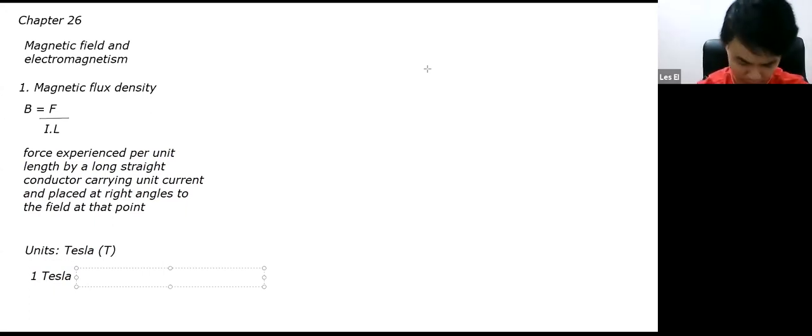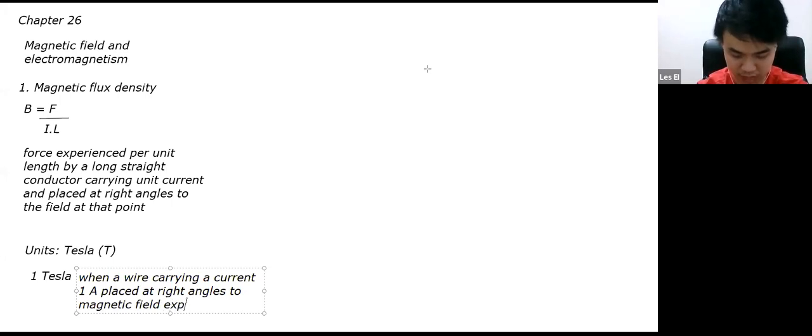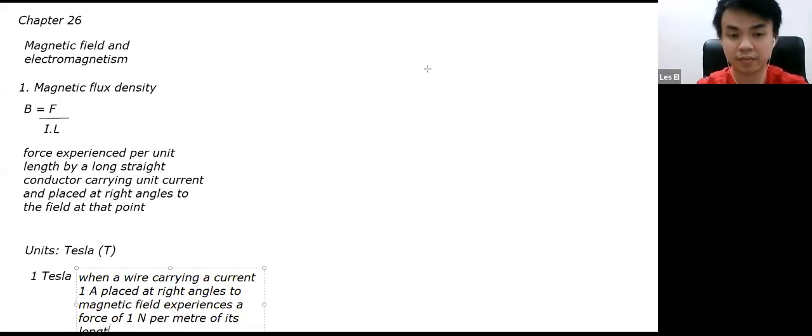So you can write something like: when a wire carrying a current of 1 ampere experiences a force of one Newton per meter of its length.